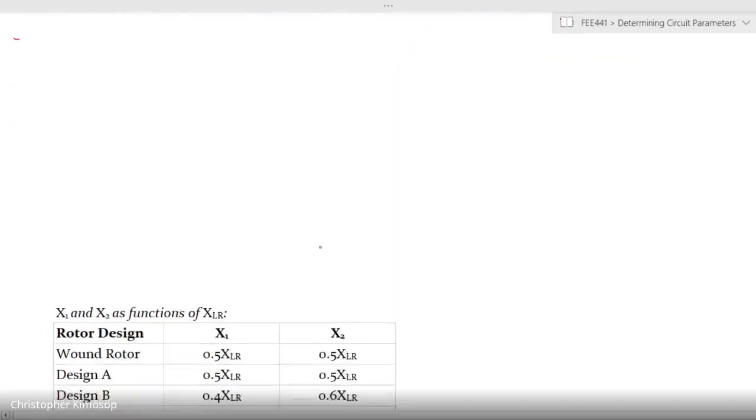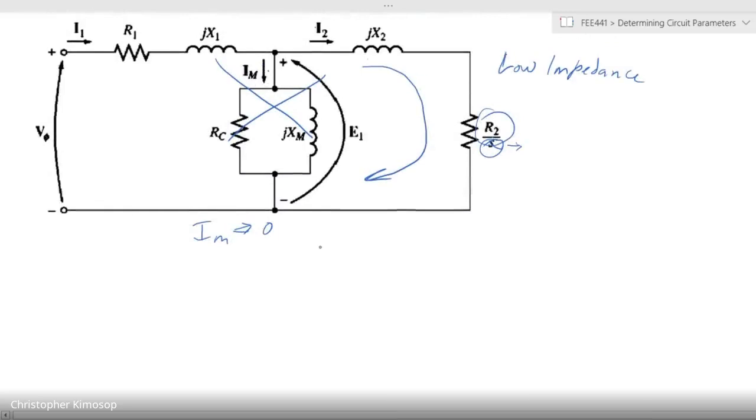So what actually happens is you then have a simplified circuit which has only 4 elements, that is R1, X1, X2, and R2. Remember, we already got R1, and we had one way of establishing X1. So we would be left with X1 and X2, okay?